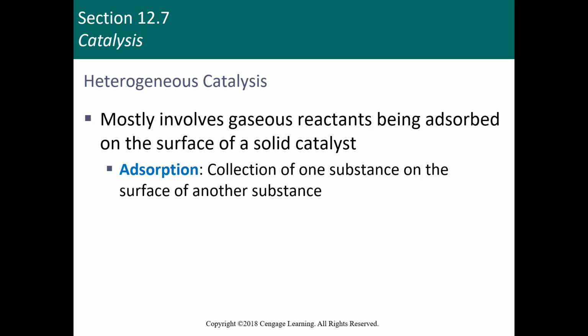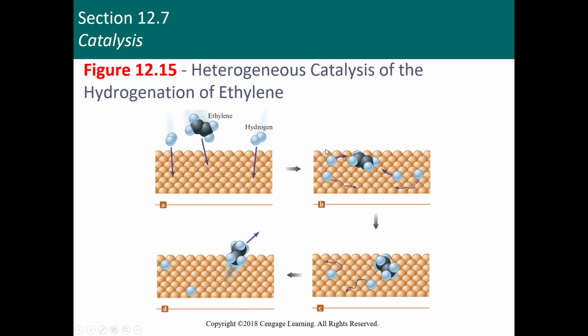This is actually when you see water sticking to the surface of a glass or a can, that would be adsorption. Or, for example, gaseous molecules sticking to the surface of a solid catalyst. That would be adsorption. Right here we see an example of adsorption. This is the hydrogenation of ethylene.